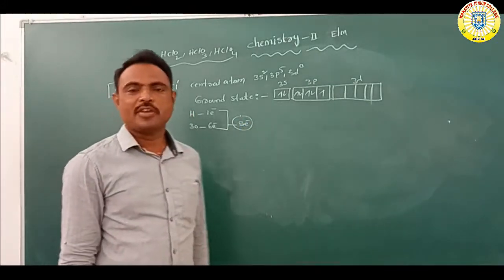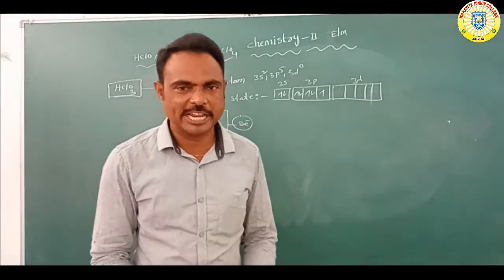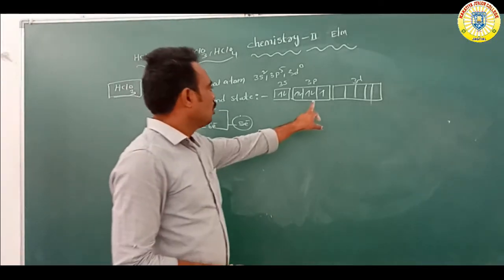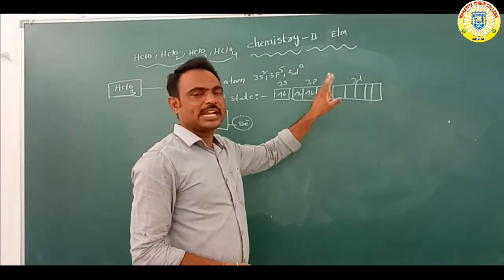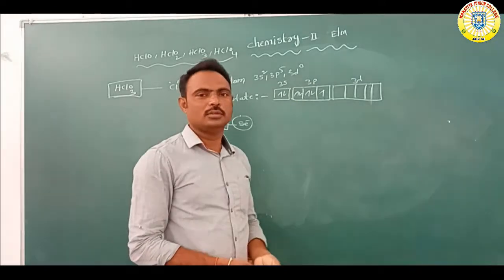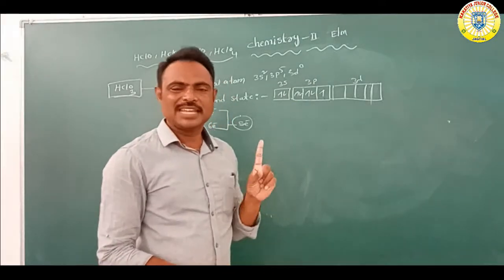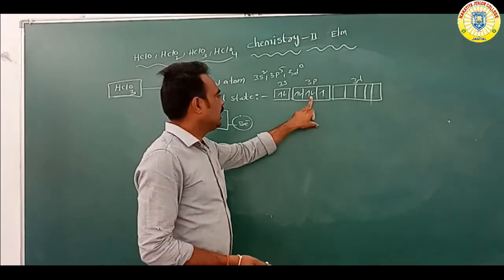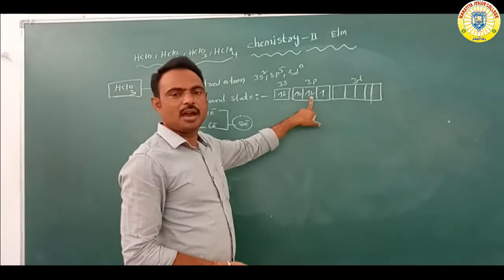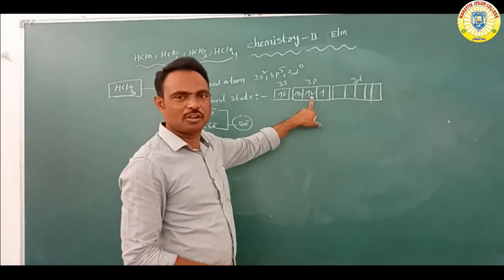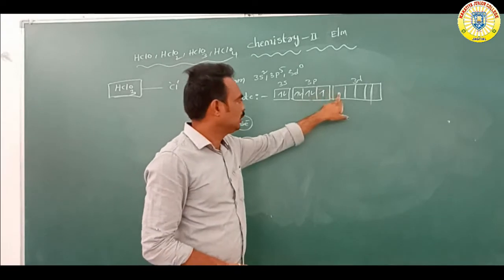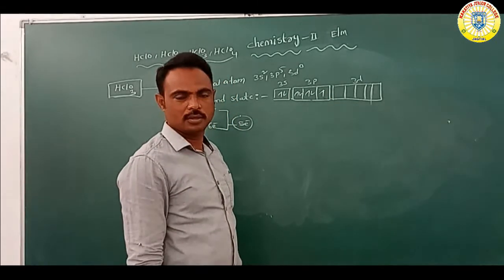At that time we require the excited state. In the ground state it contains only a single electron. In the first excited state, one electron of the 3p orbital jumps to the 3d orbital.